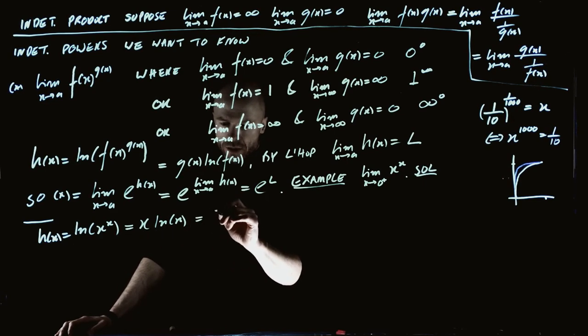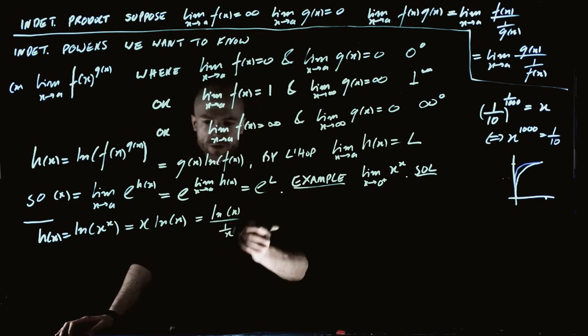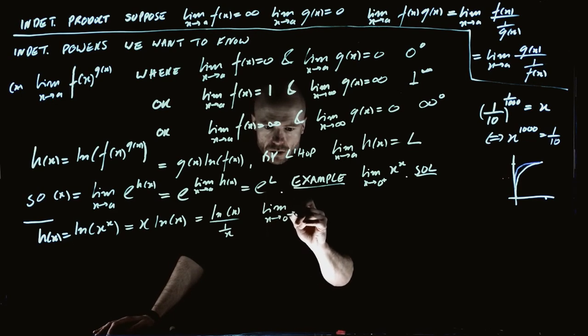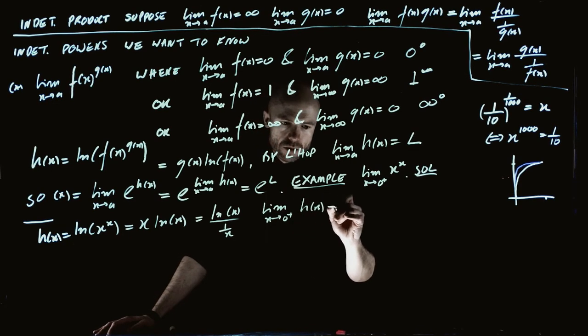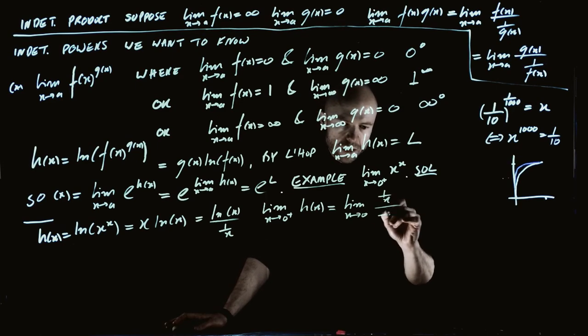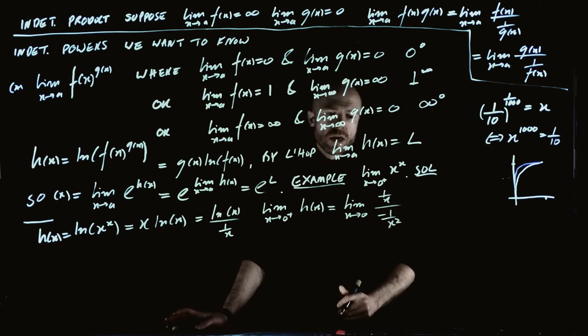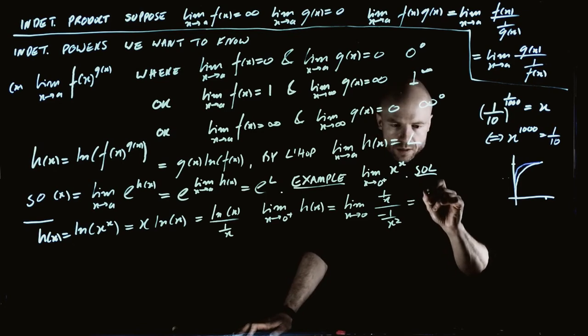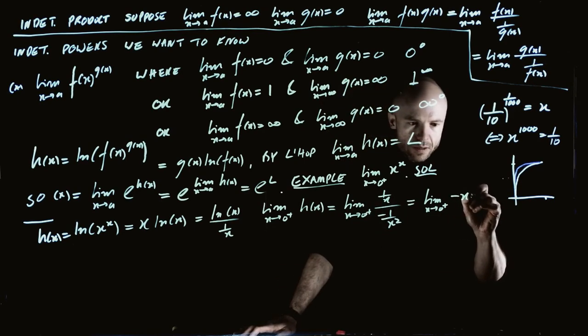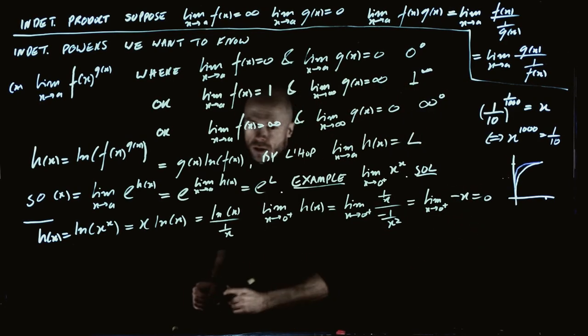So I'm going to write this as log of x over 1 over x, and I'm going to differentiate to actually find this limit. One over x over minus 1 over x squared. I'm going to multiply top and bottom by x squared. So the limit as x goes to 0 plus, should have put the plus, of minus x, and all that is 0. So we're all good for finding the limit of h.